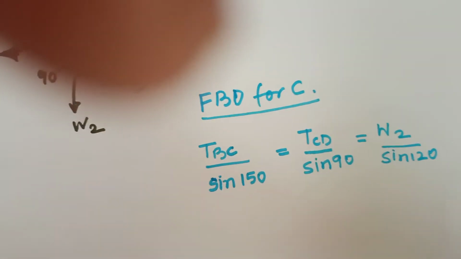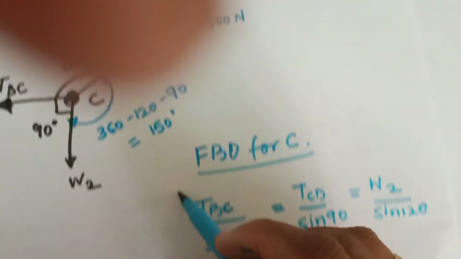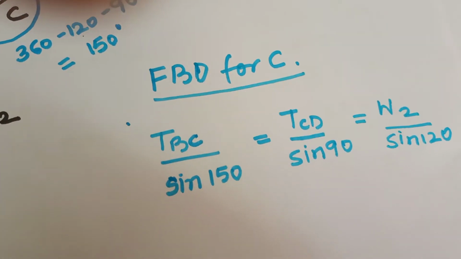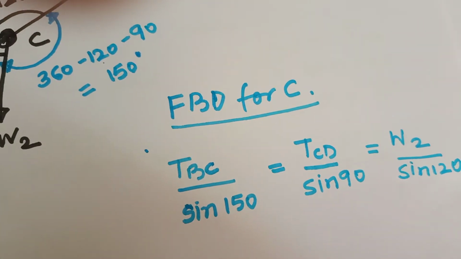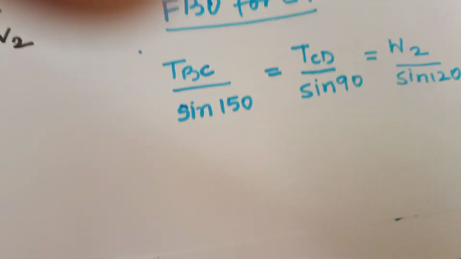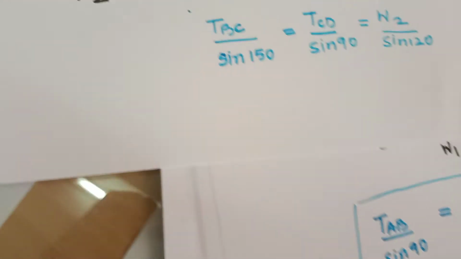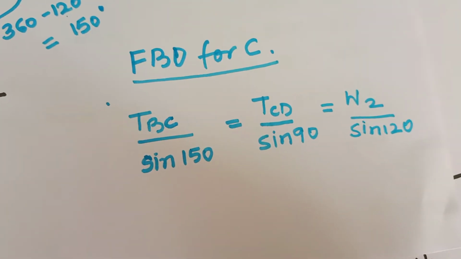Okay, so these are the two equations we have found using Lami's theorem for point B and point C. This is equation number 1. Okay, and this is equation number 2.